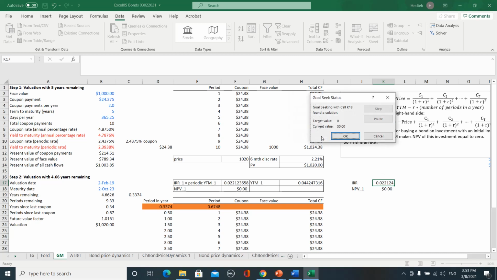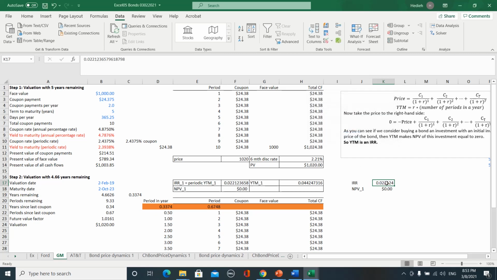And then I click OK. So you see that it gives you the rate of 2.21%. As I told you, this is your R. This is the internal rate of return of investing in this bond at $1,020.